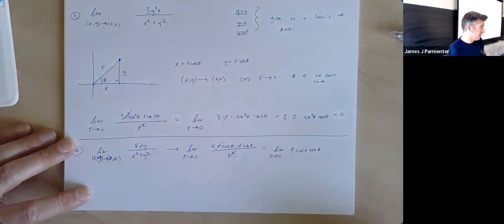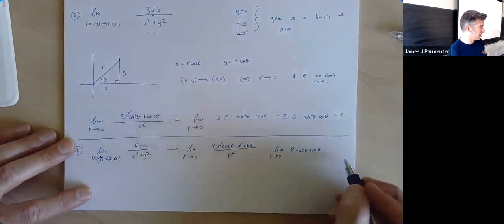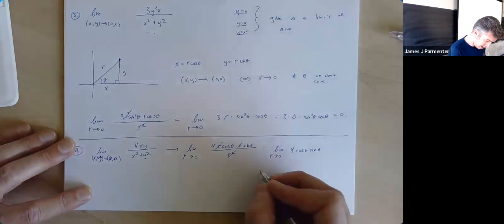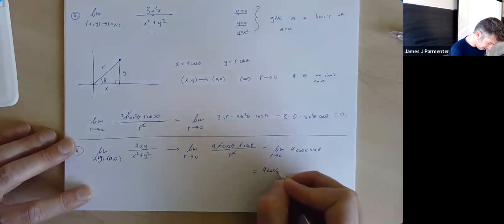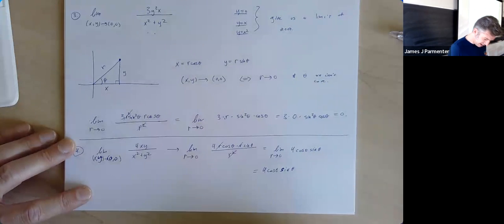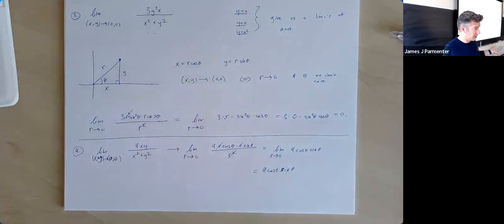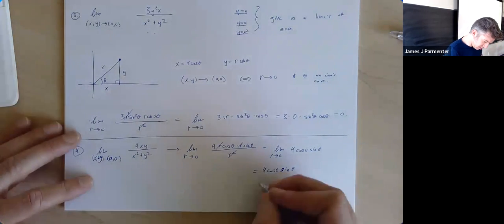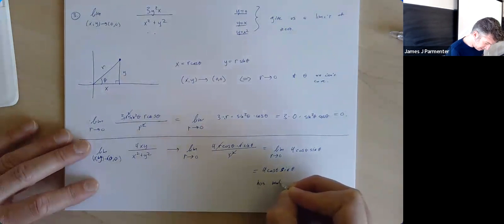There are no more r's left, so the limit as r goes to 0 is just this value again. It's like taking the limit of a constant. That's 4 cosine theta times sine theta, and that can be different values depending on theta. So since theta can be anything, this has multiple values, meaning the limit does not exist.